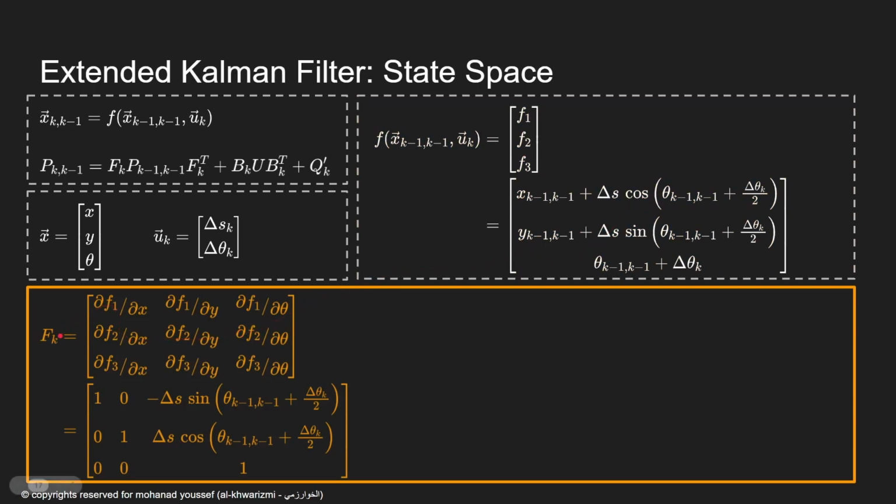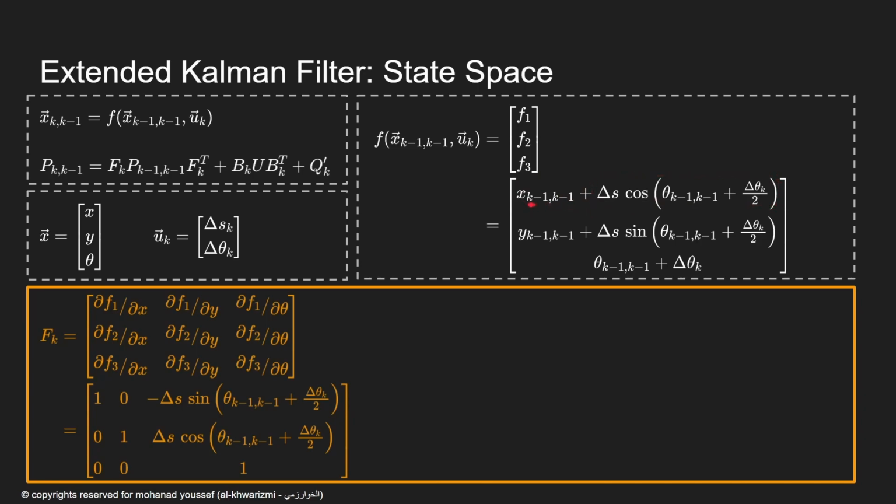Then we derive the Jacobian for the state transition matrix, the F here. So we take equation 1, and we take the partial derivative with respect to the first state, x. Here you can see that it will only result in the evaluation of this term, because we don't have any dependency on the x-axis in the other term.